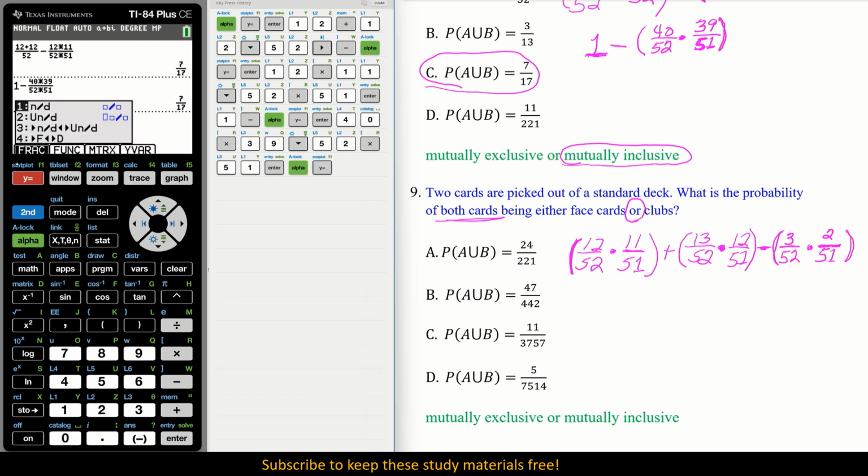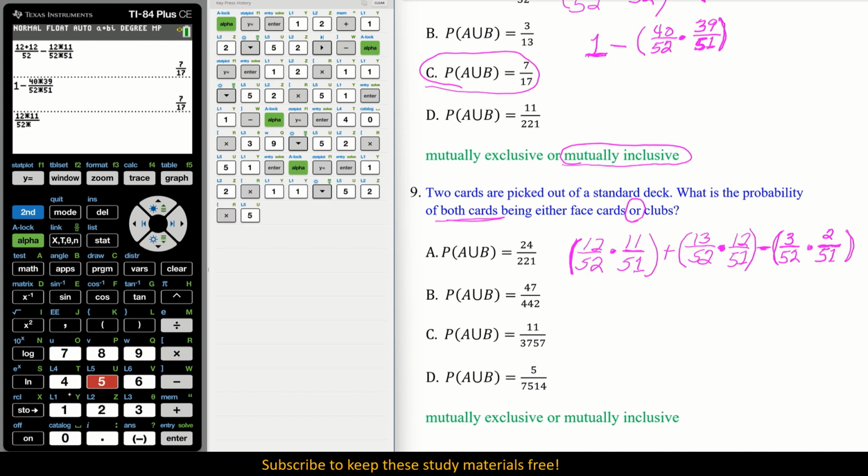So alpha y equals, enter. I have 12 times 11 over 52 times 51, arrow over, and we are adding, this is our OR. Alpha y equals number 1, and we have 13 times 12, and arrow down, and we have 52 times 51.